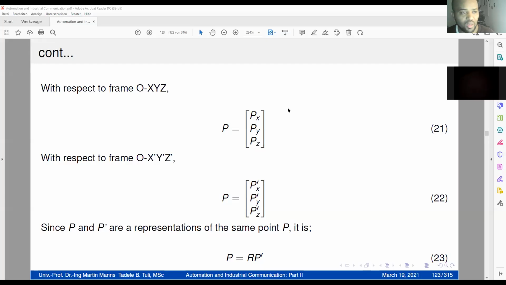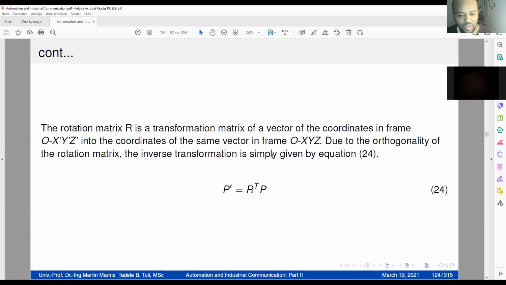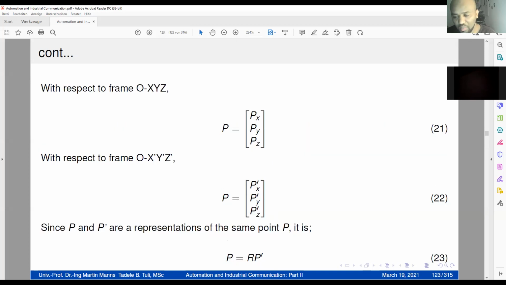Okay, so now we are back to the lecture. For this, we have a point P, which is multiplied with the rotation, and a point vector. So this gives you notation where you have a 3 by 3 rotation matrix multiplied with a 3 by 1 vector. 3 by 3 multiplied by 3 by 1 is possible, you can perform the mathematics, it's not a problem.